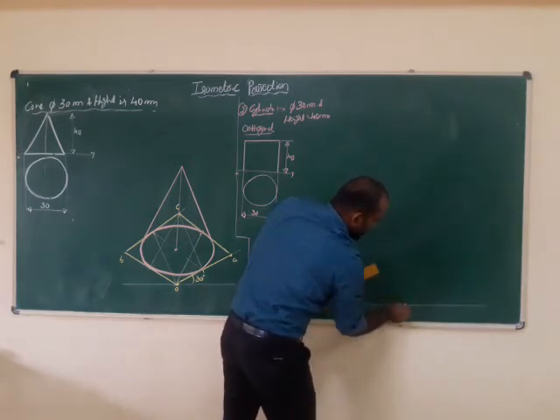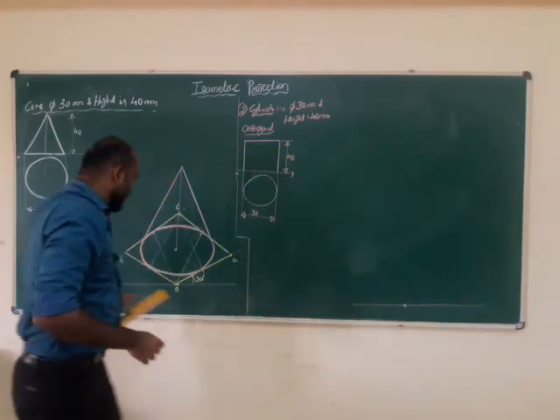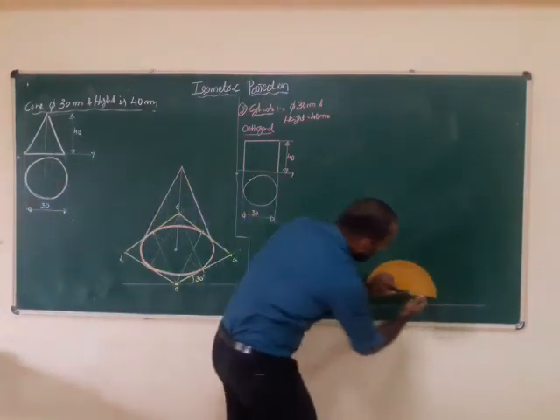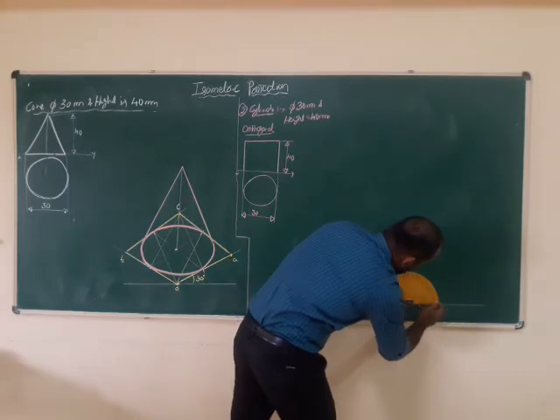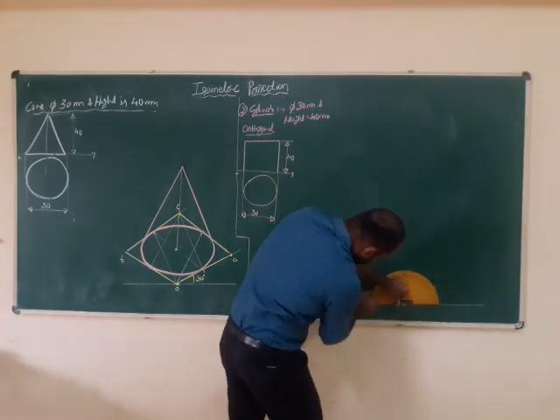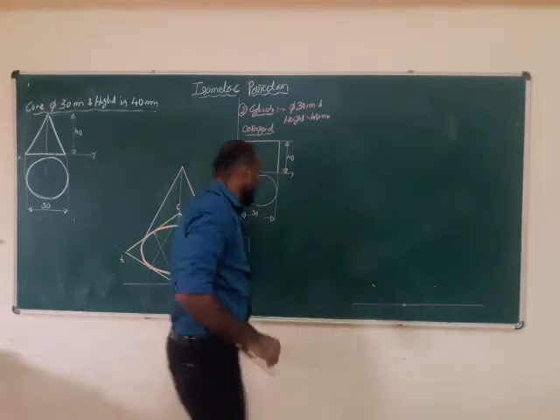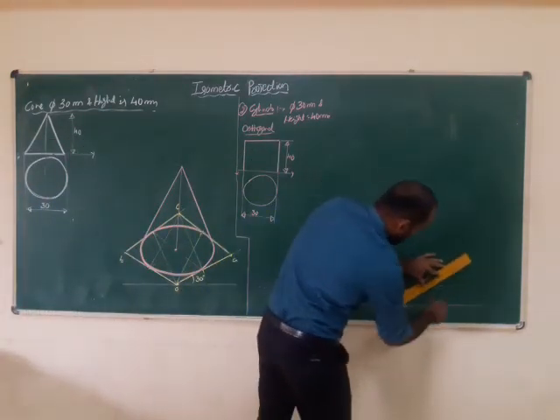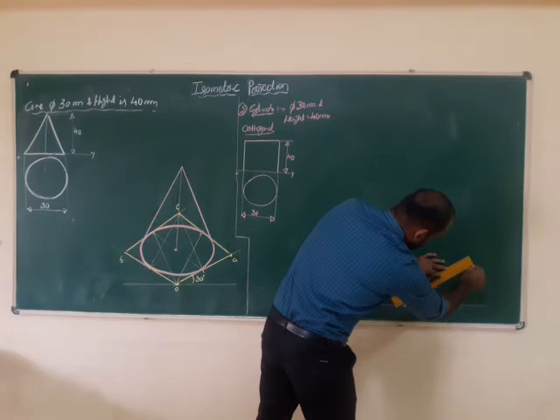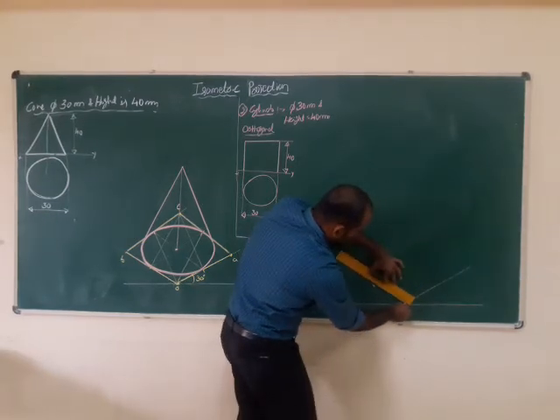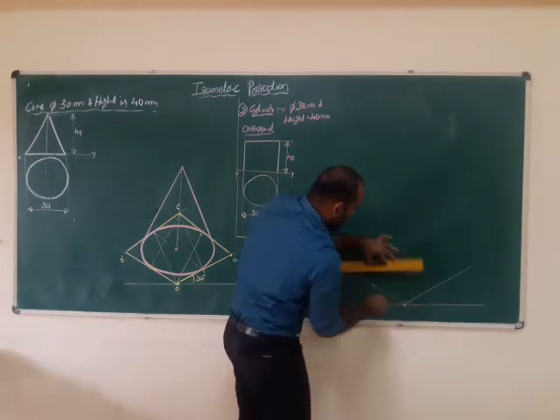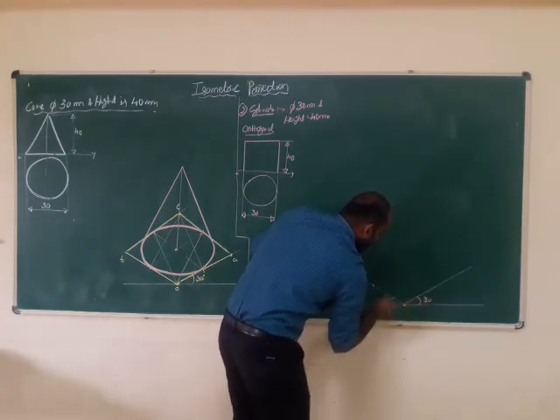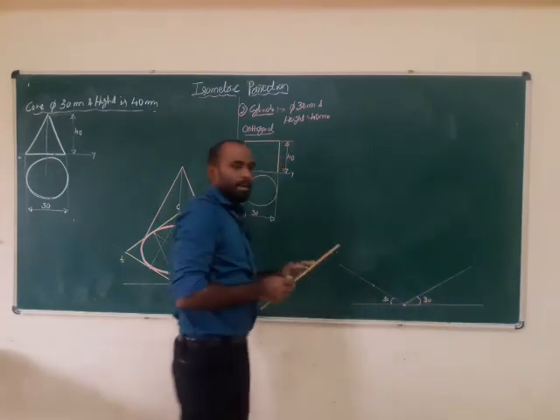But I will draw isometric, so you have to draw one line, select one point, and draw a 30-degree line to create a box. Same procedure, because I will draw the ellipse. So 30 and 30. Draw the line. Thin line. The angle is 30. You have to take 30 because this is isometric.